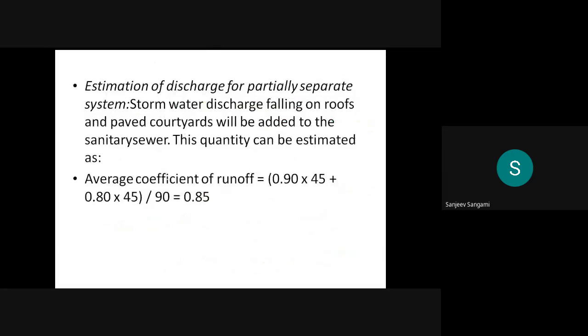Now come back to the separate system, where we determined it carries only the stormwater, then the partially separate system. So in this case, now we have to design the partially separate system, where you can see that one assumption is normally made when you are designing the partially separate system.